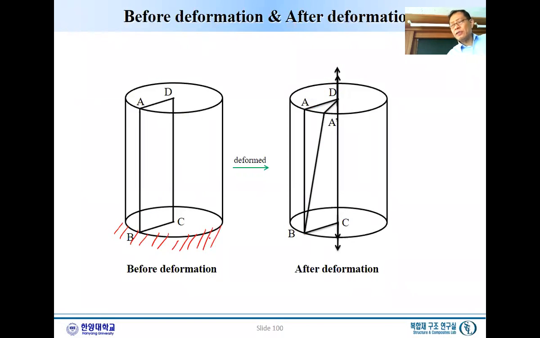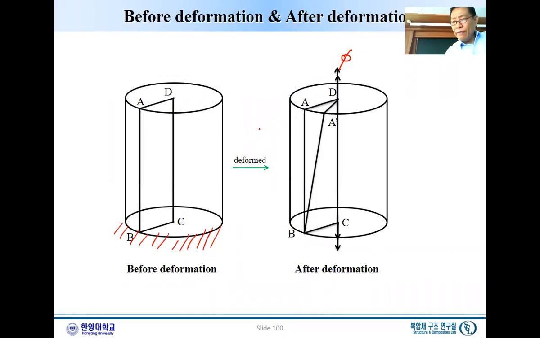Fixed means let's make the bottom the reference in terms of displacement, so it does not move, and then the top surface rotates. Rotation is mainly caused by torque, but again, we don't want to consider the force we apply. We just want to consider deformation, rotation. So this represents some kind of rotation angle.